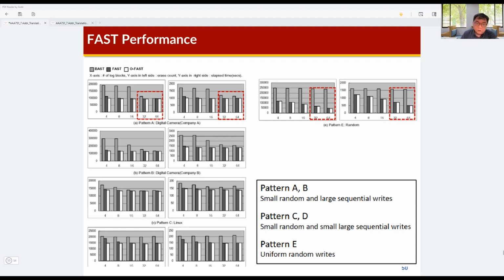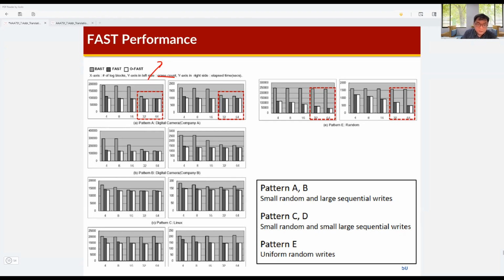So this slide shows the performance of FAST, and the authors compare the performance of FAST with the previous work called BAST. This graph shows the erase count, and this graph shows the elapsed time, the total elapsed time of the storage device. It also compares FAST and another variant, but I don't know what this one is.